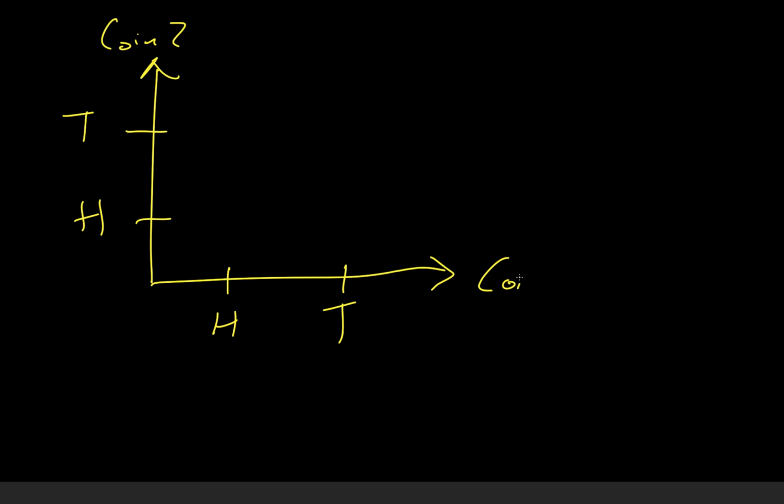This would be coin 1. And it's possible that you get heads on both coins. It's possible that you get heads on one, tails on the other, or both tails. Okay? The one in your book has like a little grid. So you can do it like that too.